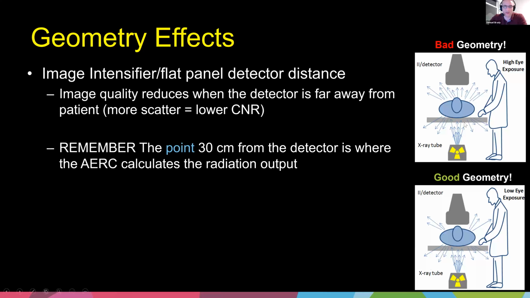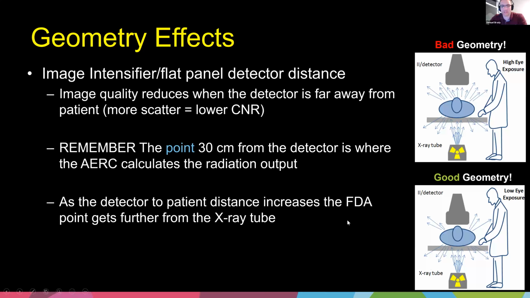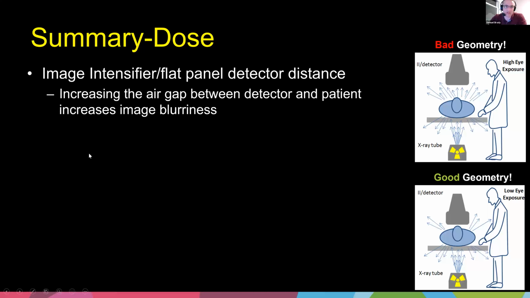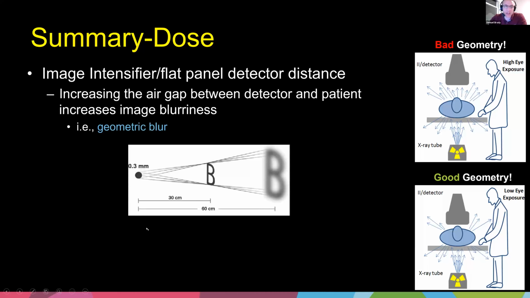And so the farther away from the X-ray tube it gets, the more the X-ray tube thinks it needs more radiation. But we'll go into detail about that next week. So, best thing to do for image quality and patient dose is get that detector as close to the body as you can. The other thing that is really good is the closer this is to the body, the better the resolution.